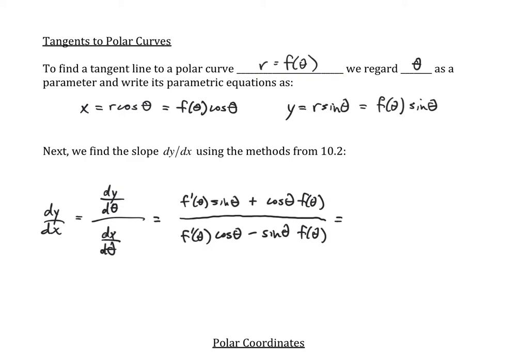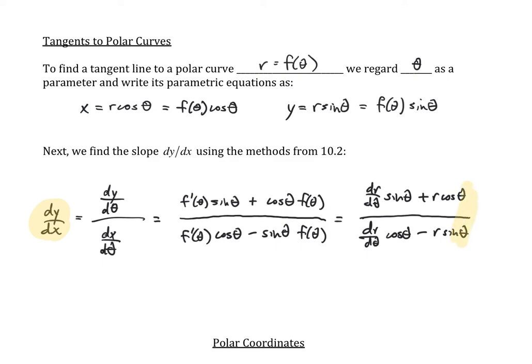This is going to be dr/d theta times sine of theta plus r cosine of theta, divided by dr/d theta times cosine of theta minus r sine theta. So this is the formula we get for dy/dx.